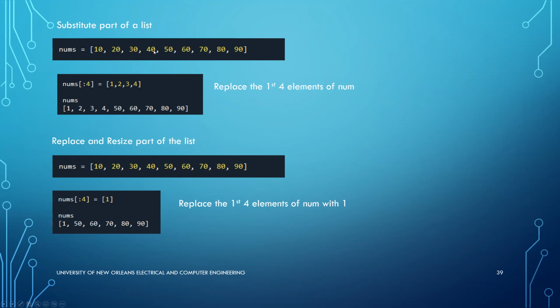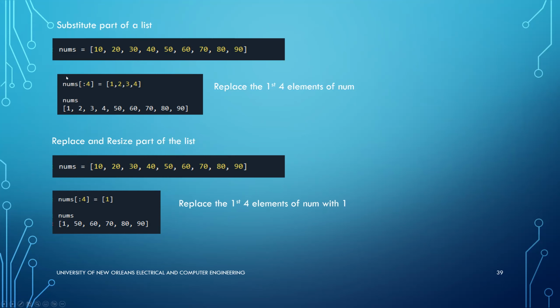But I'm going to get up to 40 here, right? Remember, because this is the stopping point, 50. So that means that I'm going to replace these 4 elements, 10, 20, 30, 40, by 1, 2, 3, 4.